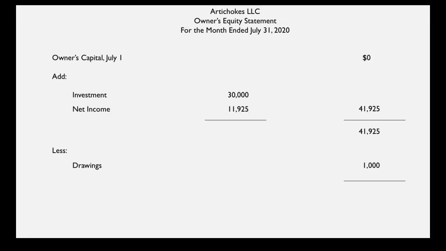So we subtract that $1,000 from our $41,925, and we end up with an owner's capital on July 31st of $40,925. Now, we prepared an owner's equity statement second because we need that owner's capital number, that $40,925 number, to make a balance sheet.